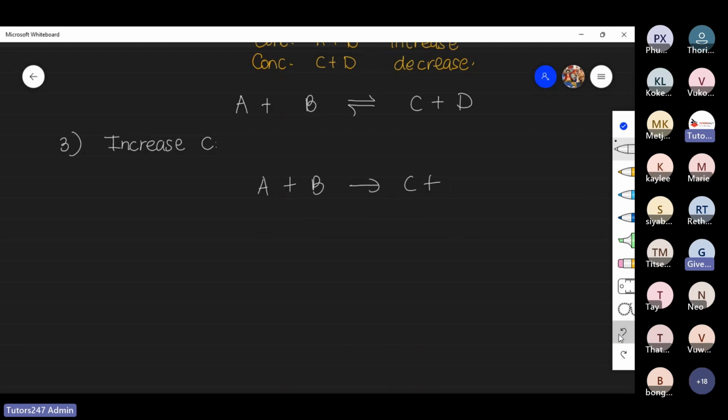The left produces the right or the right produces the left. Products and reactants are constantly changing depending on your situation in a reversible reaction.